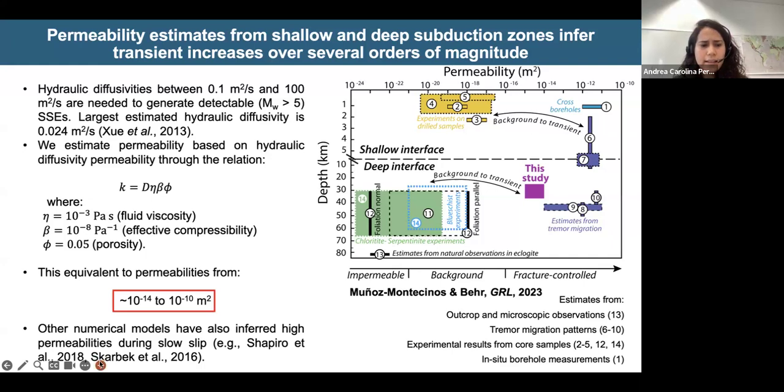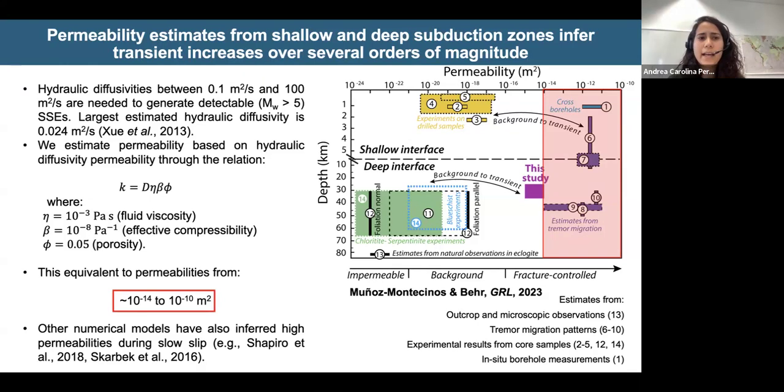So if you compare these estimates with the model results, we're still in the upper end of the estimated change in permeability. So what could cause these changes in permeability? It could be related to the fracture connectivity associated with changes in pore fluid pressure, especially when they reach values close to lithostatic values.